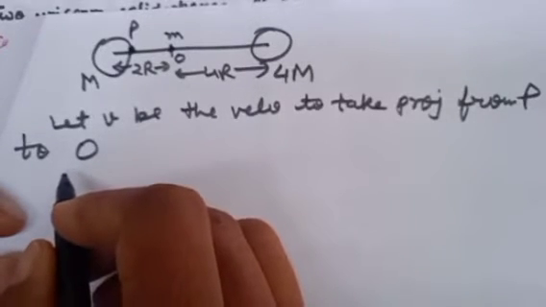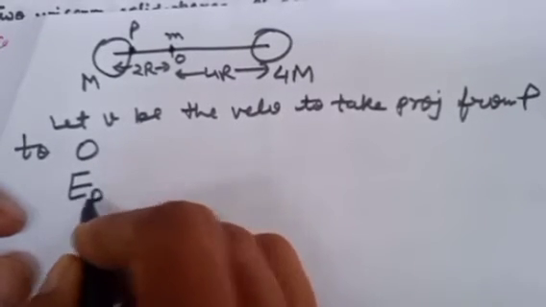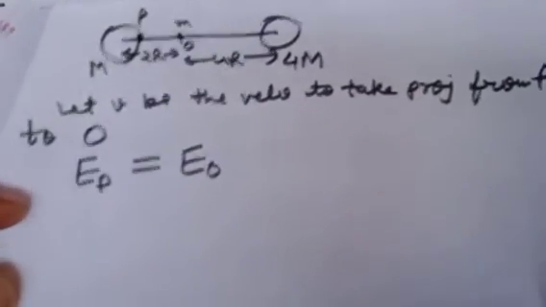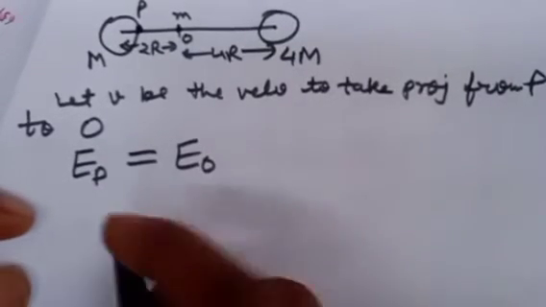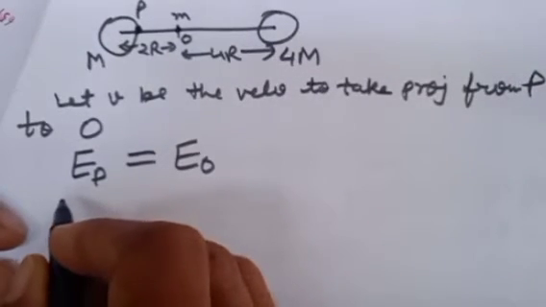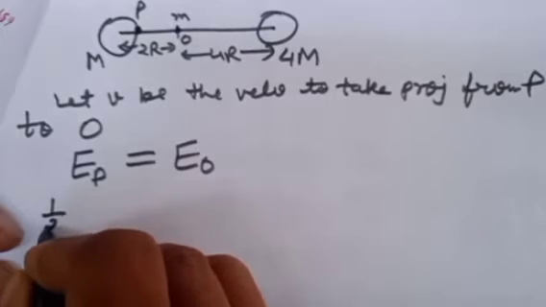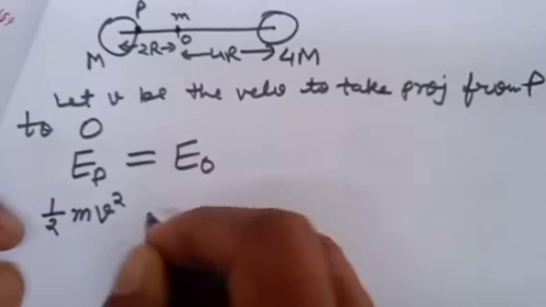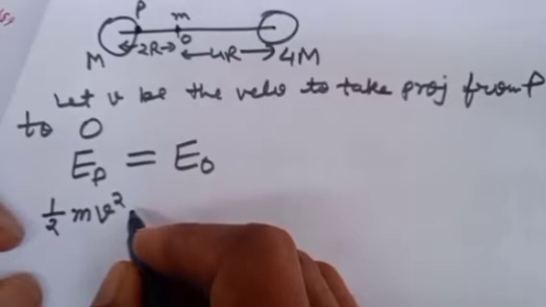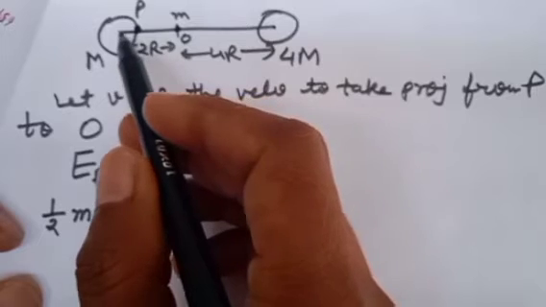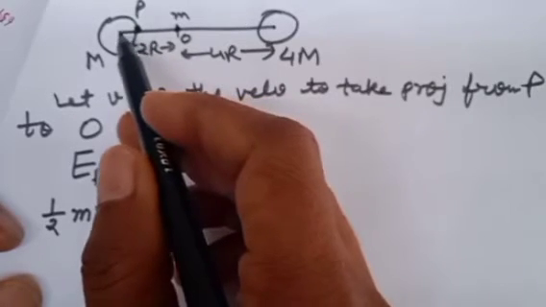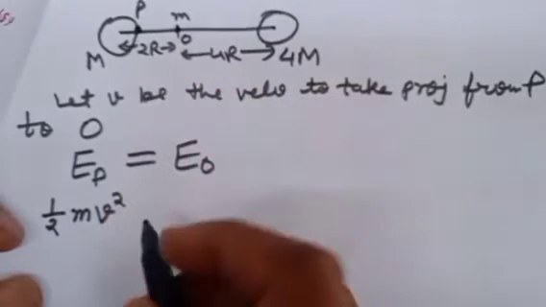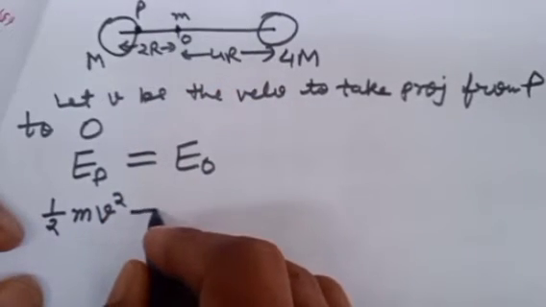Then total energy at P is equal to total energy at O by conservation of energy. Now total energy at P will be the kinetic energy given to that body plus the potential energy of this sphere and the projectile, but instead of plus there will be minus because potential energy is negative.